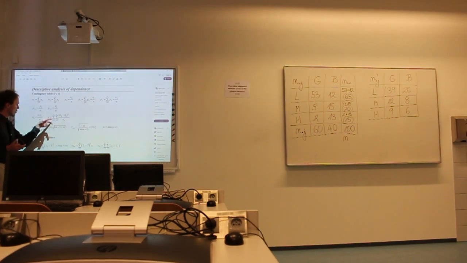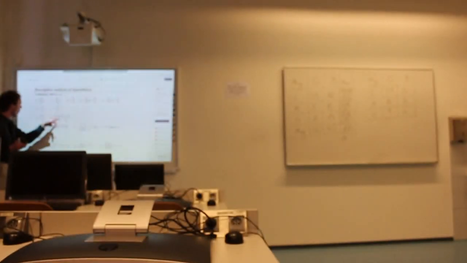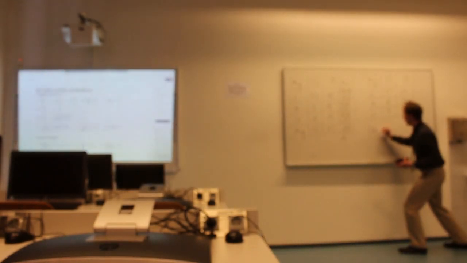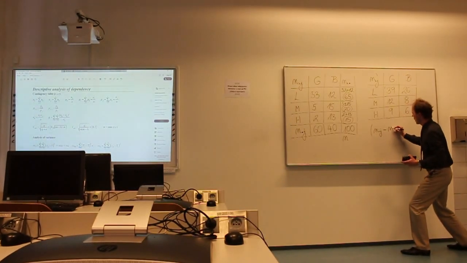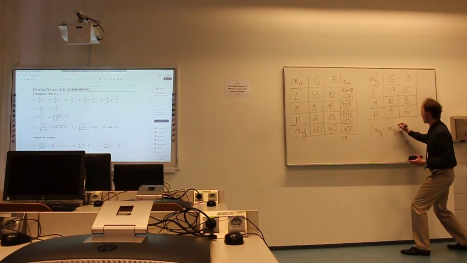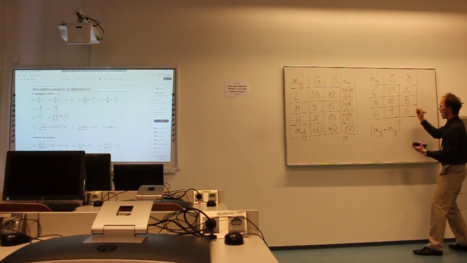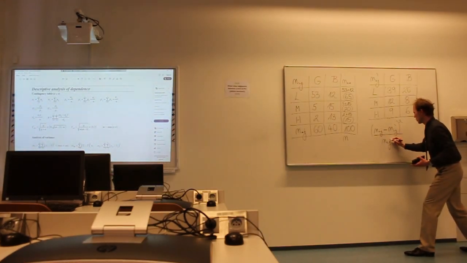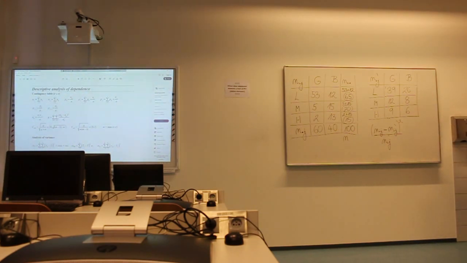G value is the summation through all rows, summation through all columns of squared differences n_ij minus n_ij with stripe, and this is divided by n_ij with stripe. So 6 squared differences, n_ij minus n_ij with stripe, in squares, divided by n_ij with stripe.